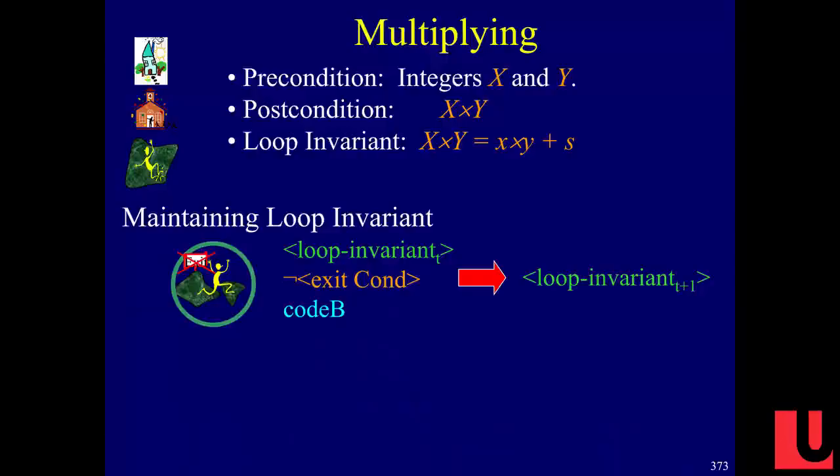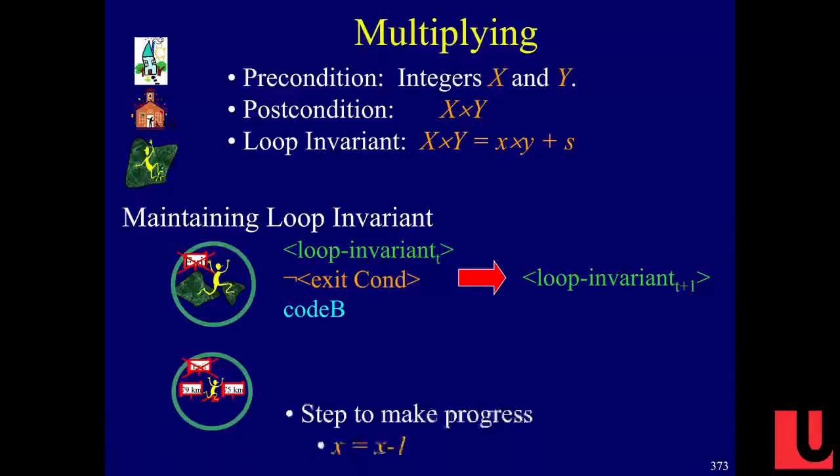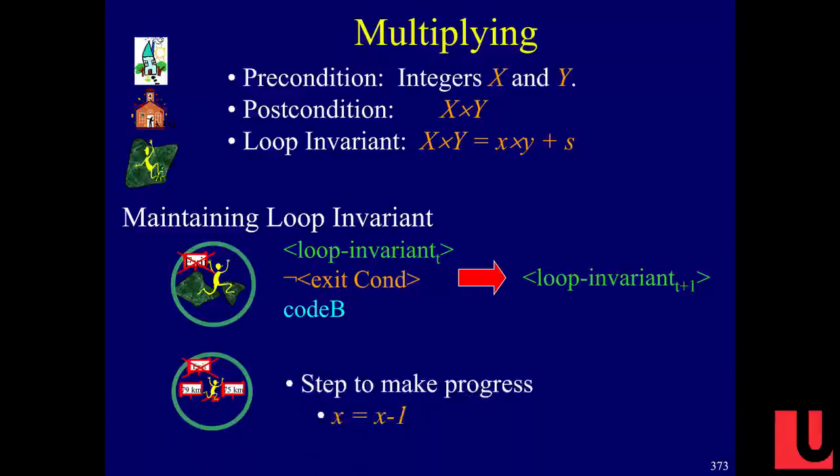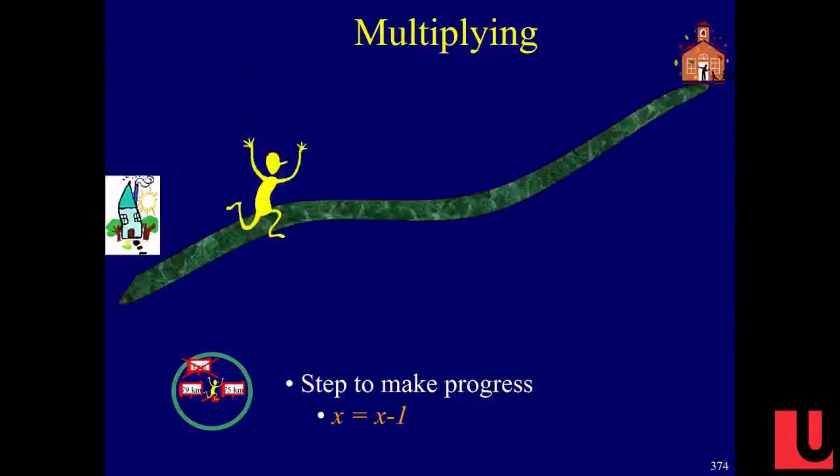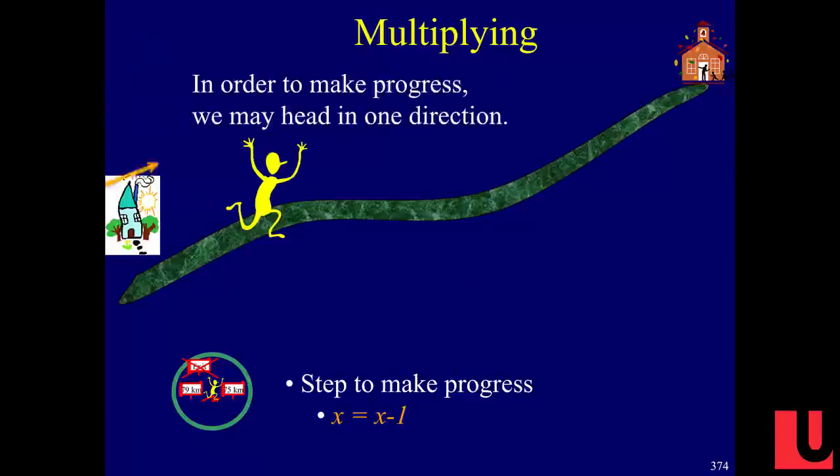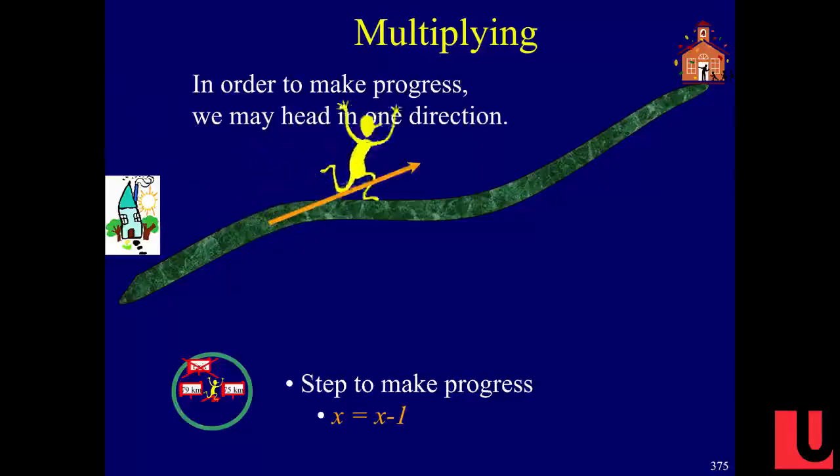Now we need to maintain the loop invariant. We're going to do the kind of things that we did before. The first thing is, what is our measure of progress? We're going to make x smaller. And remember this picture? On the loop invariant path, we start by making some progress.